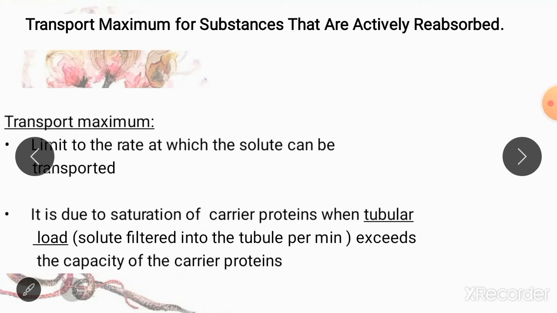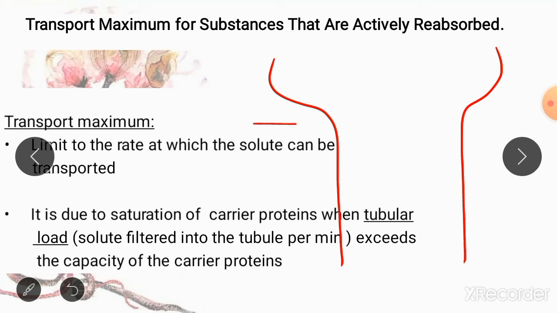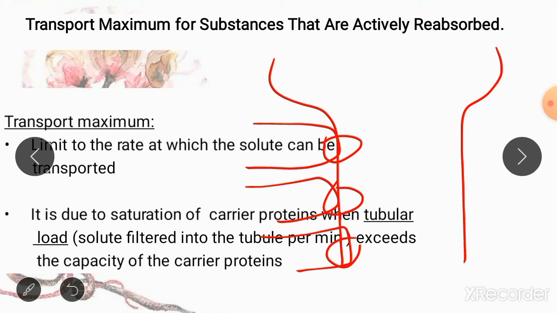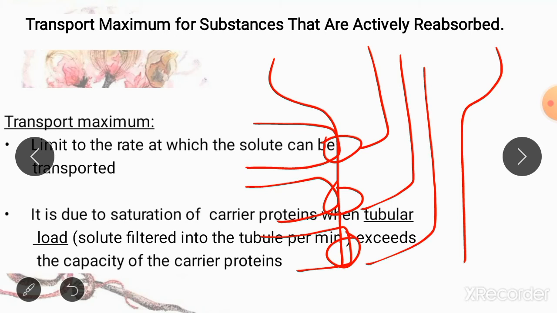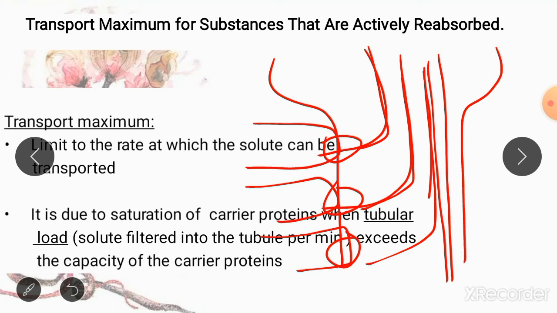This is very logical: the carrier proteins are present only in a specific number and work at a specific rate. When they are overwhelmed by a greater than normal load of a substance, of course they are going to reach a maximum and a threshold beyond which they cannot reabsorb that substance, and now this substance is going to appear in the urine and be excreted.